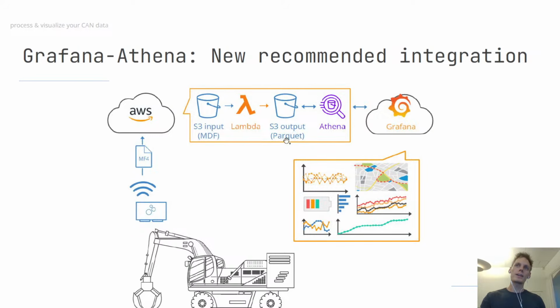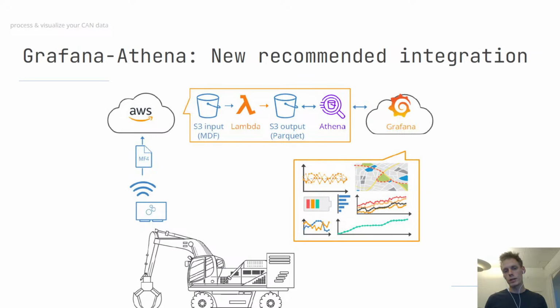The resulting Parquet data lake will be stored automatically in a separate bucket over here, still within the AWS S3 environment. And then something a bit magical happens over here called Amazon Athena. This is a tool by AWS that allows you to query data from a very big Parquet data lake that is stored in an S3 bucket. And when I say query data, I mean query it super fast.